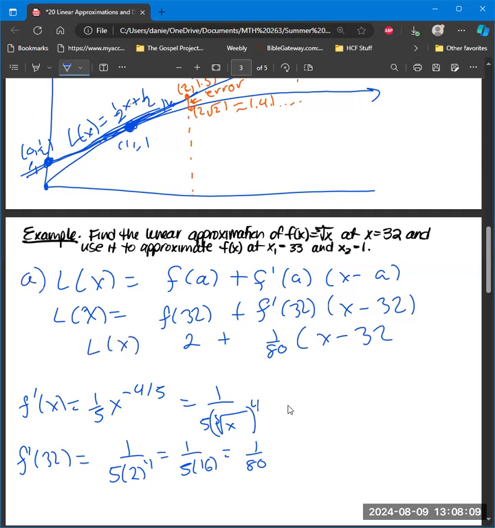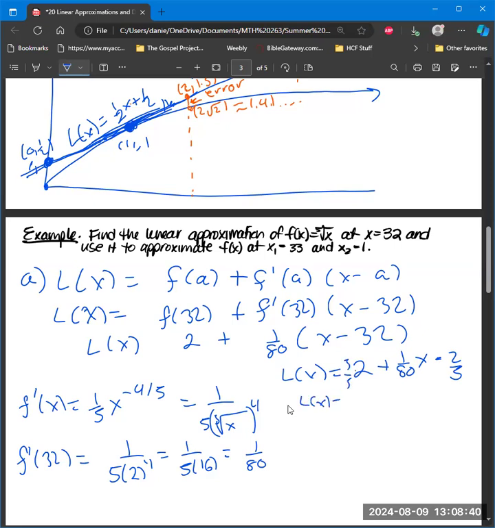This is part A. So L of x is going to be 2 plus 1/80 x minus 32/80. 8 goes into there 4 times, into there 10 times. This is going to be 2/5. And then multiply by 5/5.